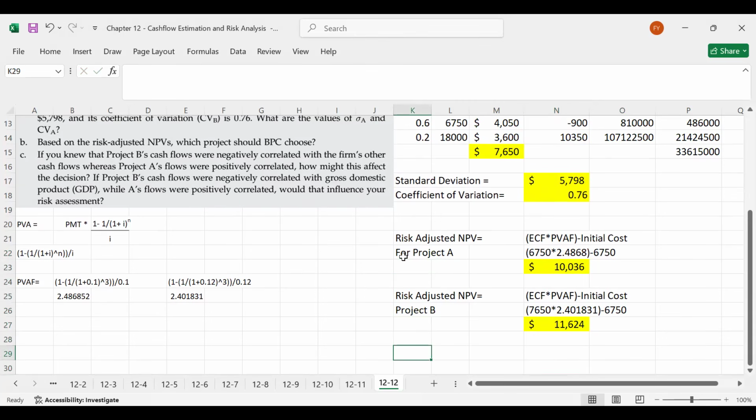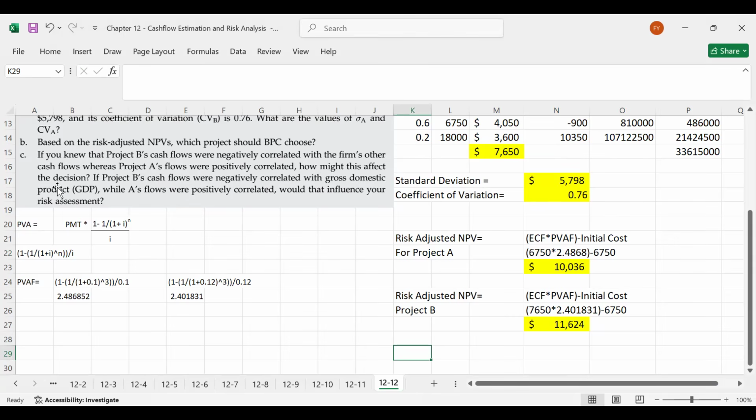So the last requirement is: if you knew that project B's cash flows were negatively correlated with the firm's other cash flows, whereas project A's cash flows were positively correlated, how might this affect the decision?